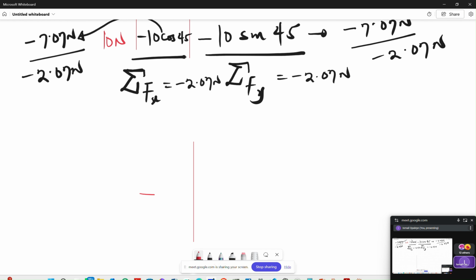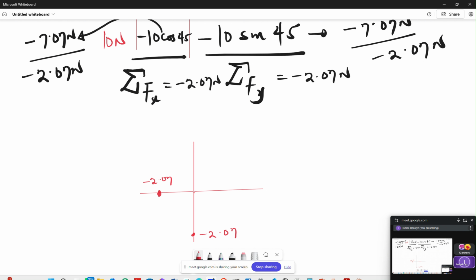Okay, look at this. For x, minus 2.07 should be somewhere here on the x axis. That's where you have minus 2.07. For the y, minus 2.07 should also be down here, right? That's where you have minus 2.07.